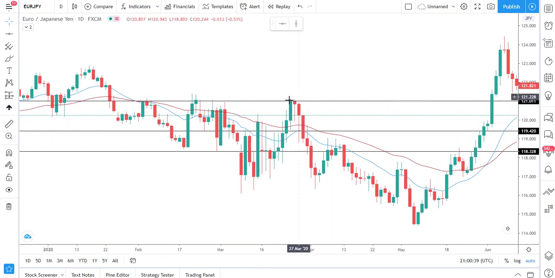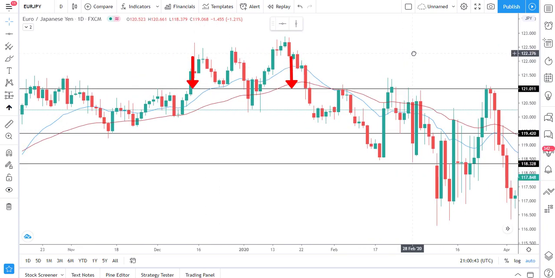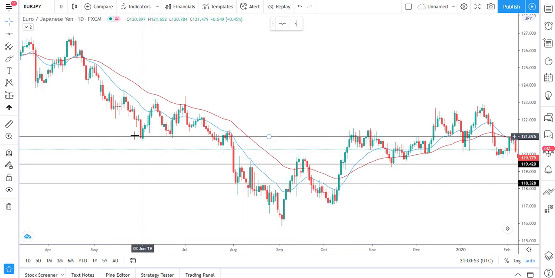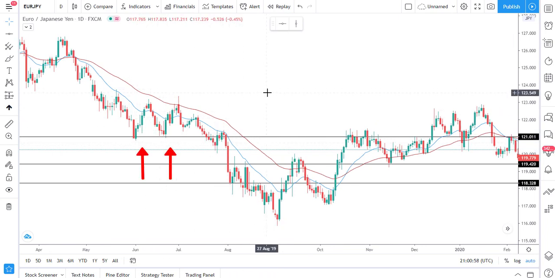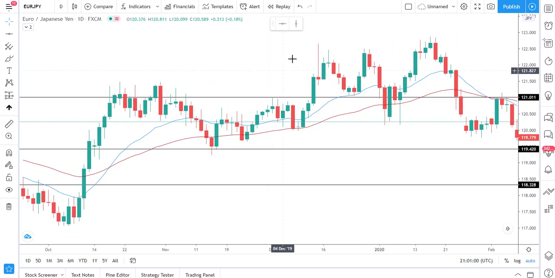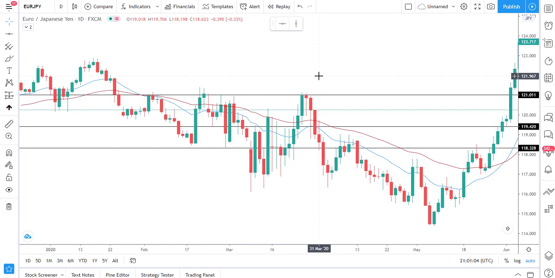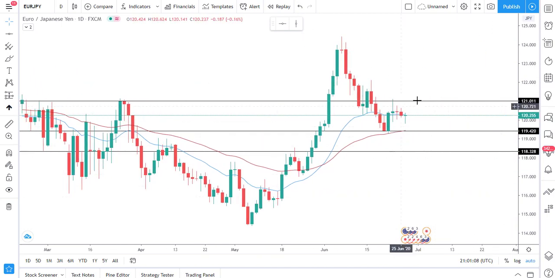So we have a resistance area here, we have it acting as a resistance here, we also have it acting as resistance here. We basically have it acting as support here, acting as support here, acting as resistance here. This is why this trade is not something that I would want to enter. I just wanted to show us this example here, but this is not something I would enter simply because we have a resistance here.